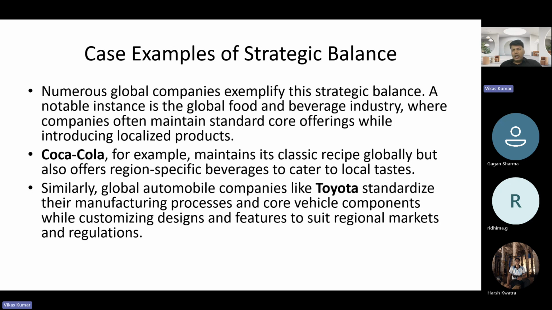In these two products, the design, everything is the same except the engine. So Toyota has standardized its manufacturing processes, but customizes the design and features to suit the regional market.